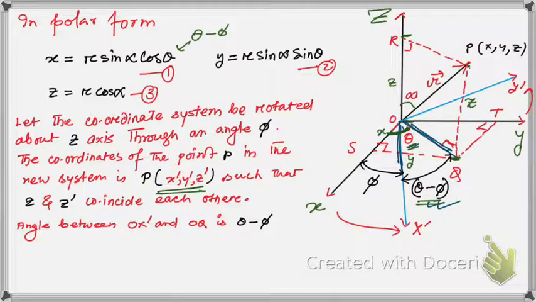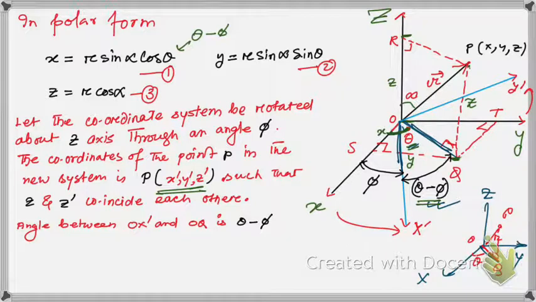In the previous case we had taken theta because, if you draw, suppose this is y. So let me consider the previous case. This was the projection. Suppose this is the point P, and this is the position vector r, and the projection was OQ, and the angle between this projection on the xy plane and the x-axis was theta.